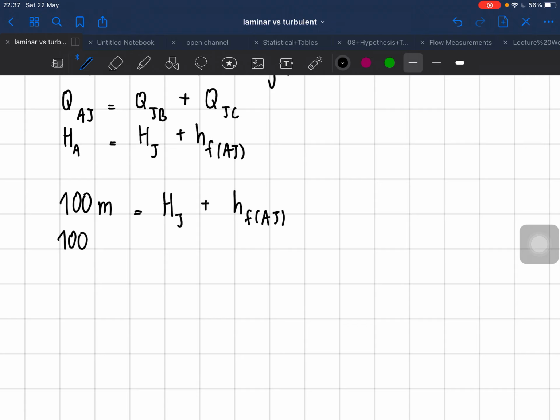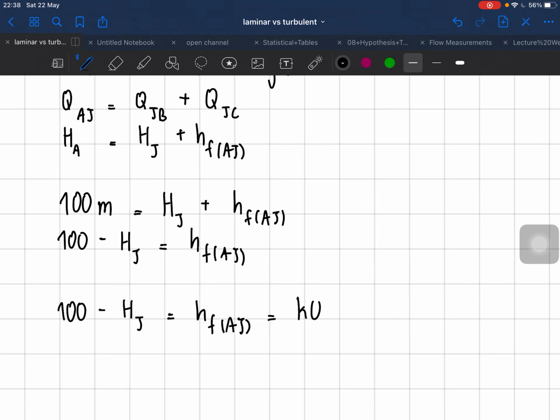So we rearrange the equation to the left side. That's 0. Actually, you can just do it like this: equals HF AJ, and then 100 minus the head of J equals HF AJ equals KQ squared.